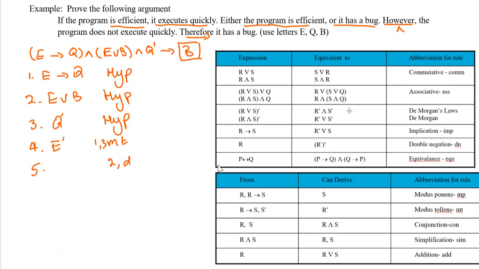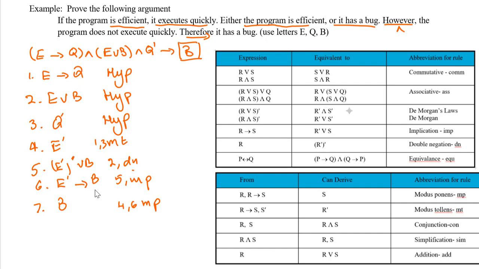So 2 double negation, and I will reach not E or B. And why did I do this? Because I want to change it to an implication, just like the previous example. So 5 implication, and this will be not E implies B. So I know not E is true, and I know not E implies B is true, and therefore I would say B is true because 4, 6, and MP.